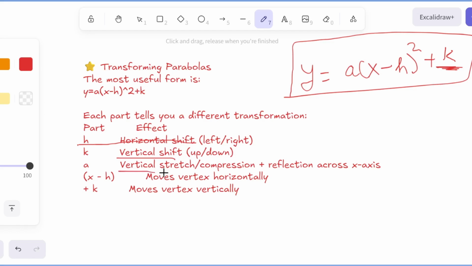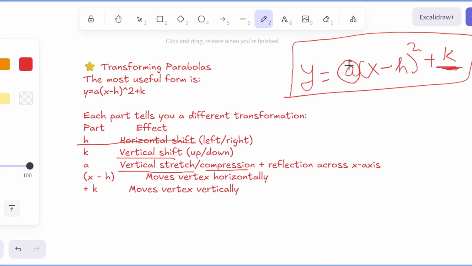And a is a vertical stretch and compression or reflection across the x-axis, which we're going to see later. So a will tell how narrow or wide the parabola will be. h and k are the vertex, and they will also tell us whether it's a horizontal shift or vertical shift.